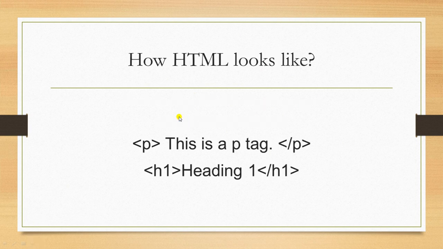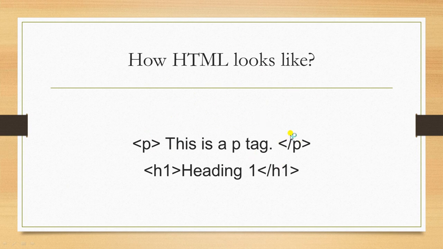How does HTML look like? First we have a left angle bracket, then the tag name, and then we use a right angle bracket, and then we need to enclose some content, and in this case we are using text.